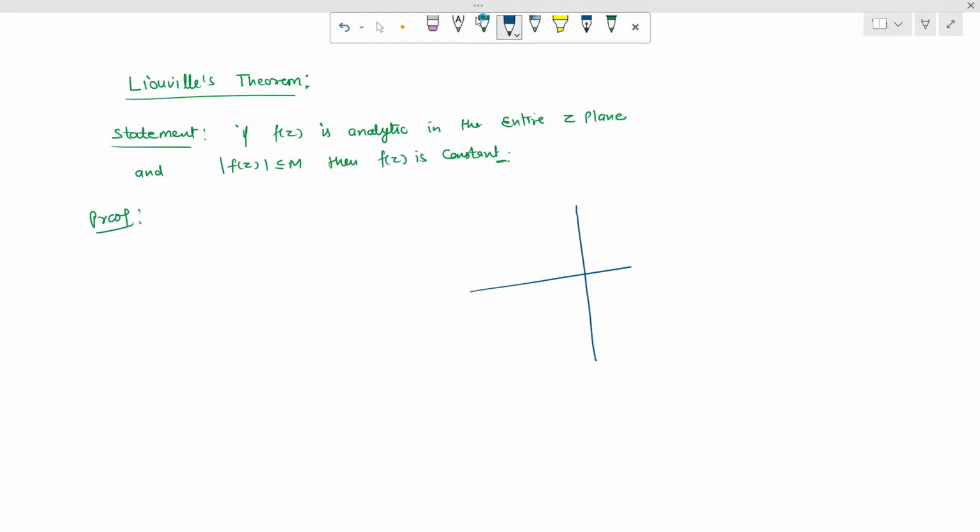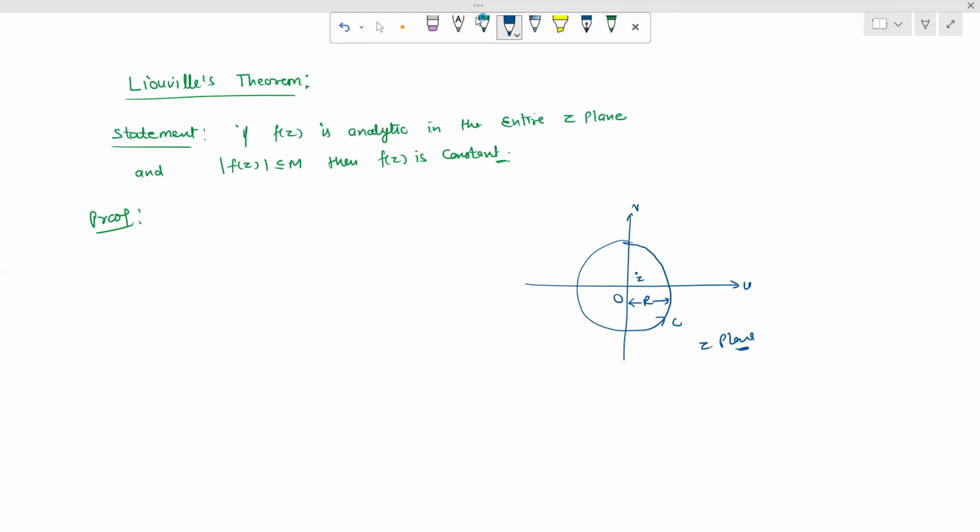So for proving the theorem, we consider a circle. This is the origin, with axes u and v, and we write on the z plane. This is the curve C, and we assume the radius is r.